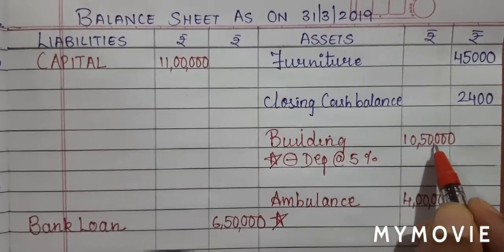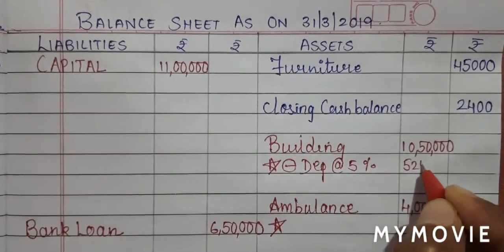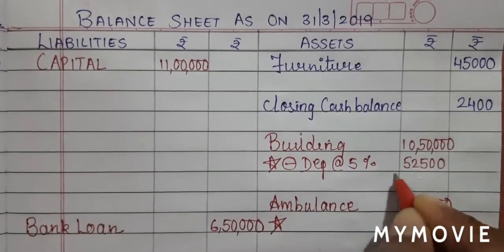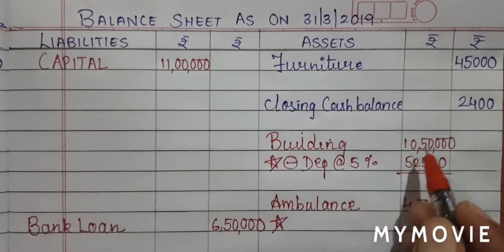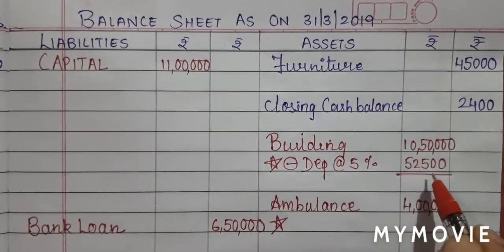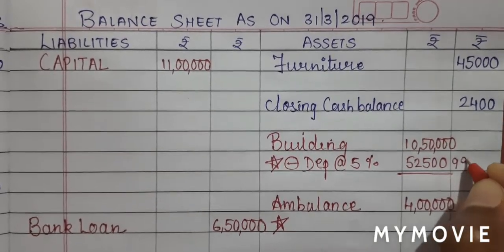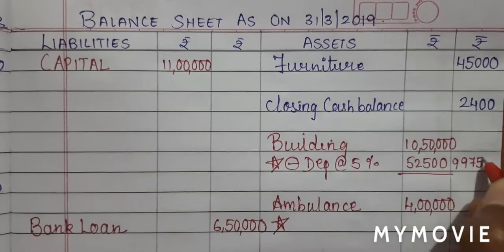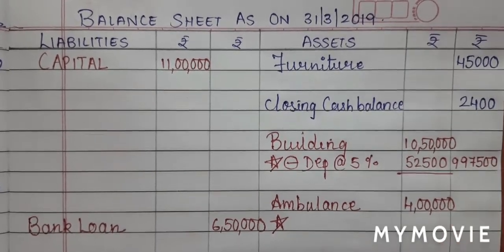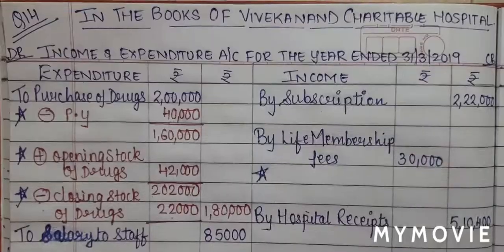So 10,50,000, 5% will be 52,500. I can now minus it. 10,50,000 minus 52,500 will give me 9,97,500. This is my first effect for depreciation on building.